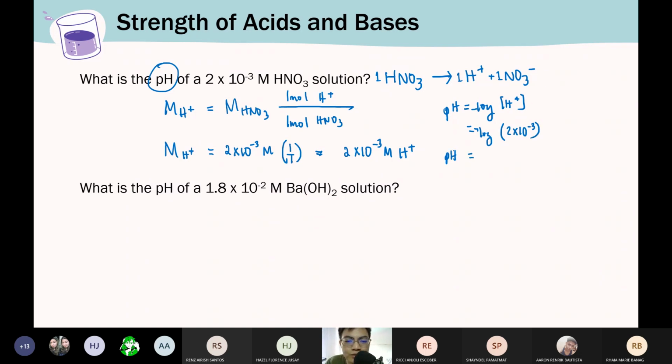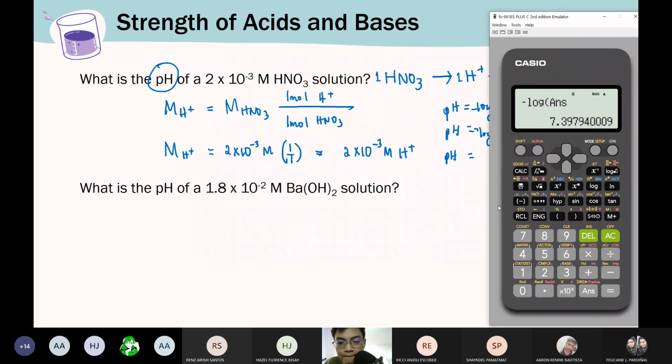So the pH of the solution is the negative log of 2 times 10 raised to negative 3. That's 2.70 if we round this off. Okay, so 2.70.